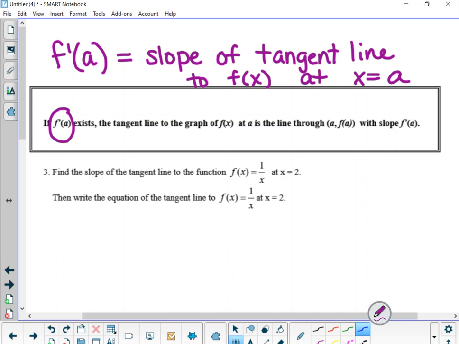There's lots and lots and lots of different synonyms, code words for derivatives. Derivatives, tangent line slopes, instantaneous rates of change. Tangent lines happen to be super helpful for solving lots of different kinds of problems.